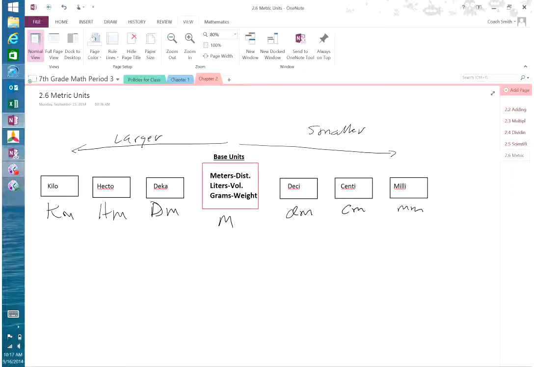Mainly centimeters, millimeters, meters, and kilometers are the most common ones used in the U.S. They may use them over in Europe and Asia and places like that. They may use all the rest of those more often. But for our purposes, kilometers are like miles. Meters are like yards.